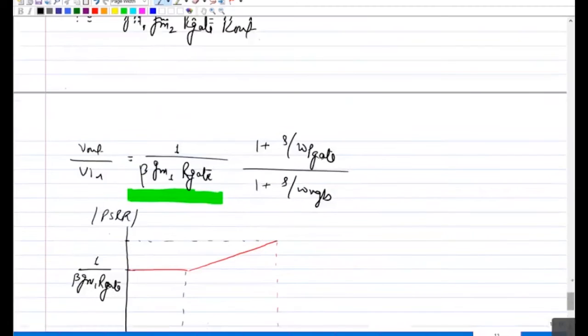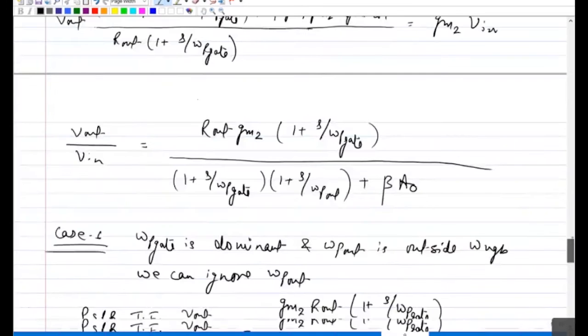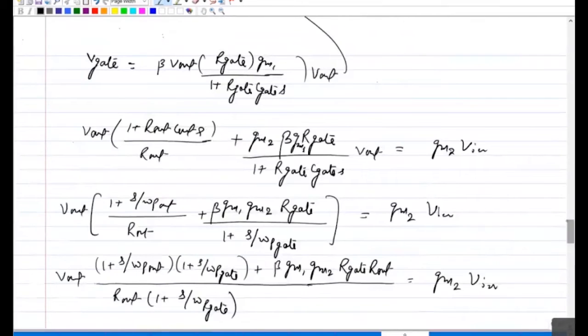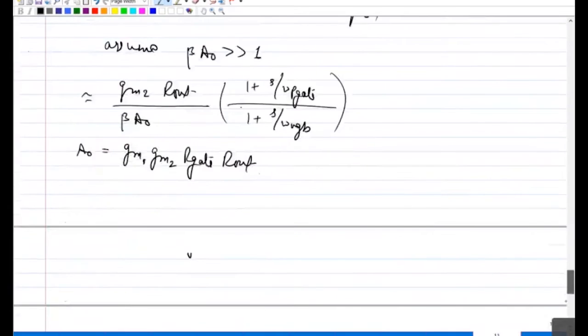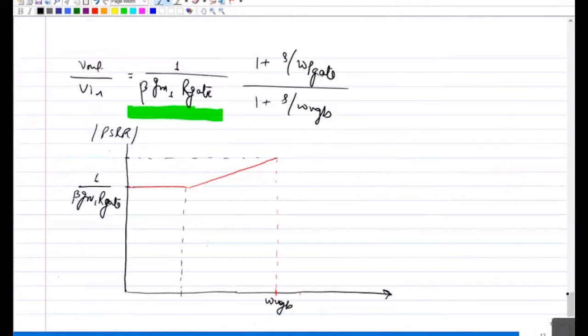So go back to your circuit. Beta A naught by GM1 R gate. Sorry, beta A naught by what? No. Beta A naught by beta GM1 R gate.